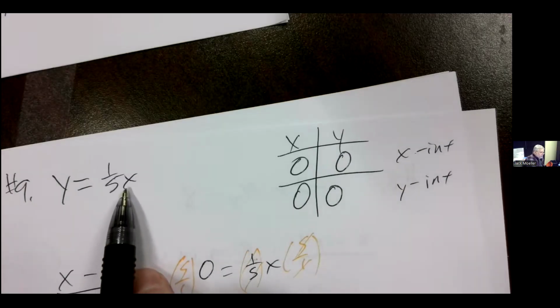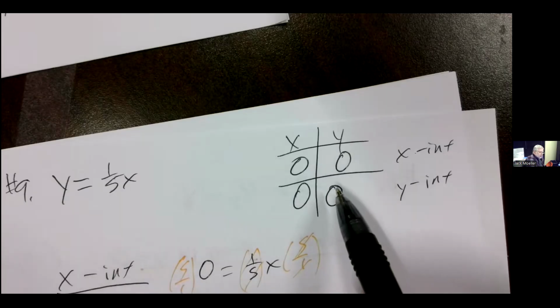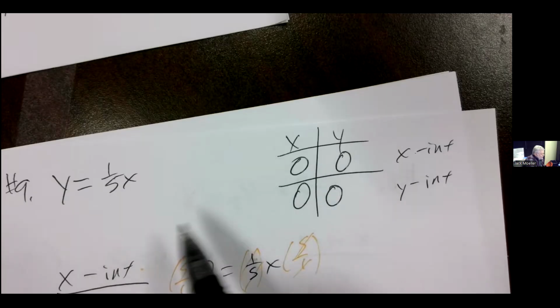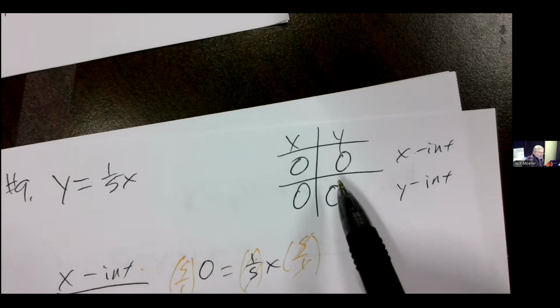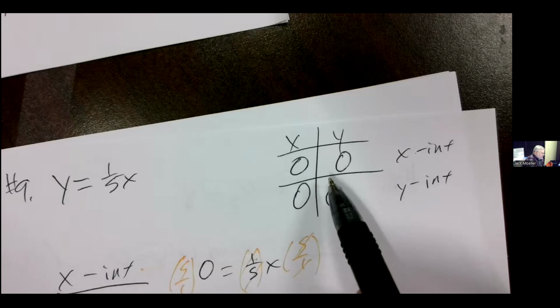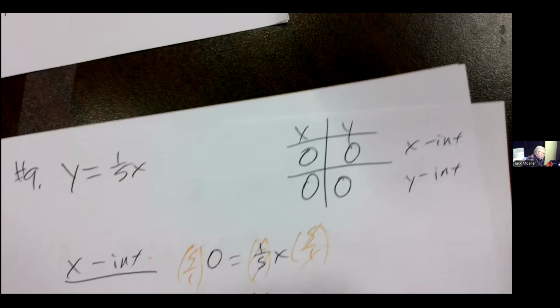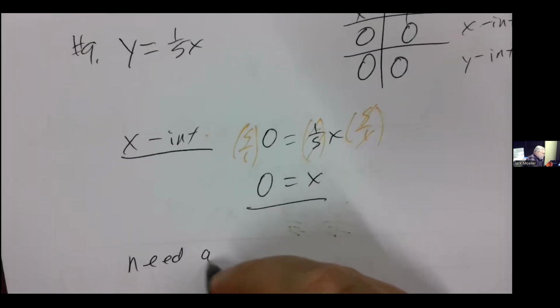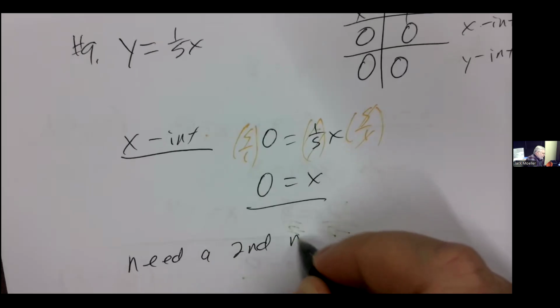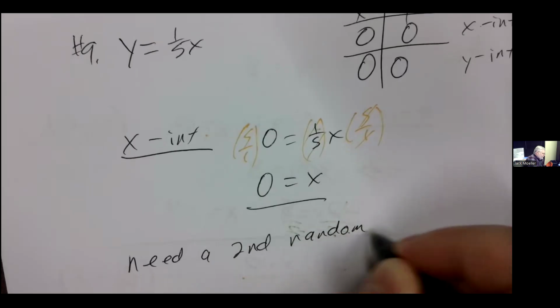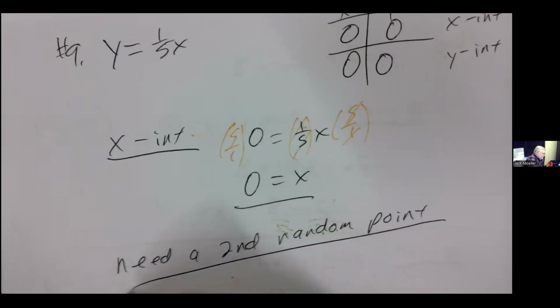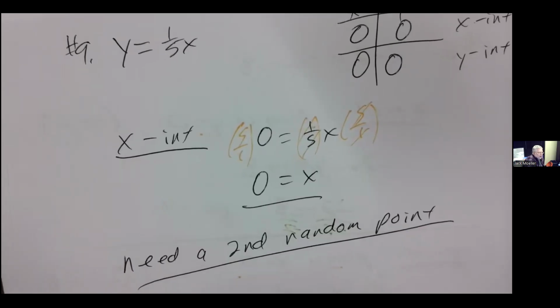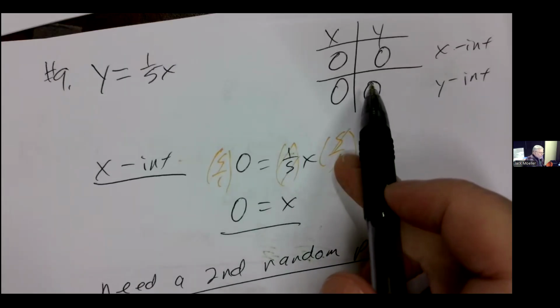Or if you look at it, 1/5 times 0 is 0. So this line is going through the origin, and it doesn't have a separate x and y intercept because it's the same one. So when this happens, you need a second random point, because you can't graph a line with just one point.